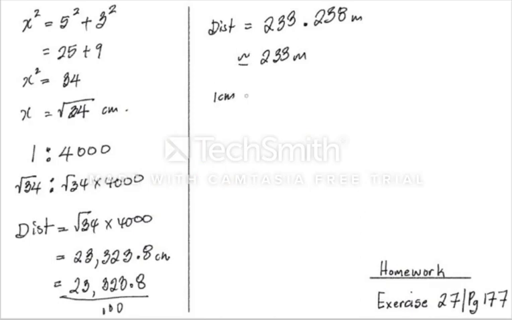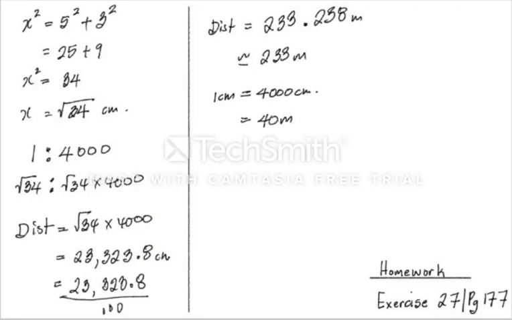But bear in mind that 1 centimeter on the map is actually equal to 4,000 centimeters on the ground, which is divided by 100, you get what? 40 meters.